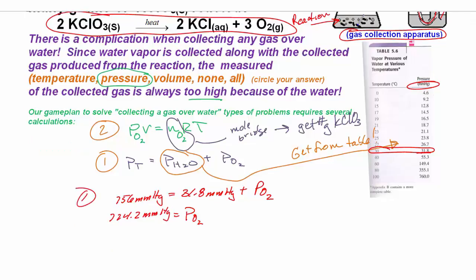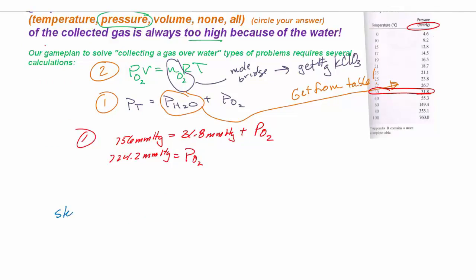Let's do step two. So now let's use the ideal gas law to get the number of moles of that oxygen. So the subscript only goes on the end, remember? That pressure due to the oxygen was 724.2 millimeters of mercury. And I need to get that into atmospheres.